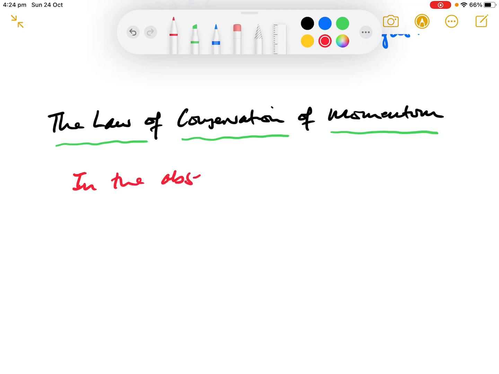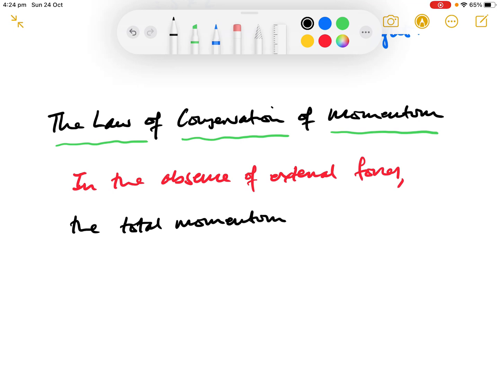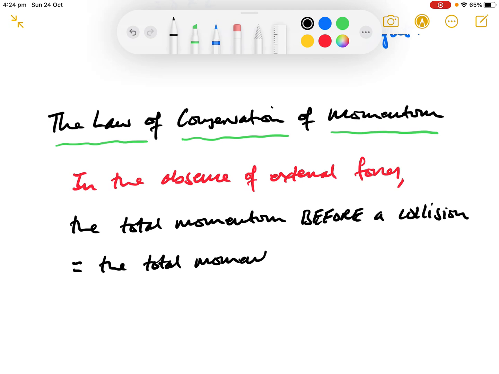In the absence of external forces, the total momentum before a collision, that's a collision between two bodies, equals the total momentum after the collision.